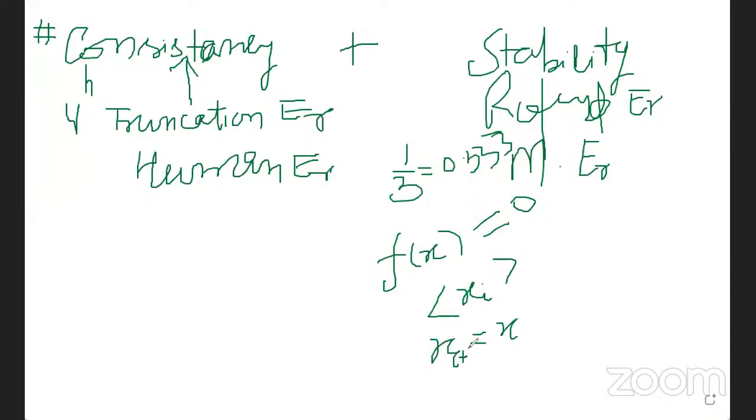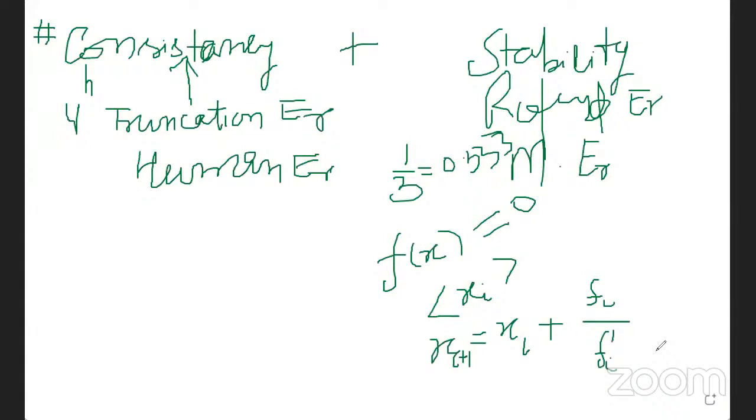x_{i+1} is equal to x_i plus f at x_i, which I'm denoting f_i, divided by f prime at x_i, which I am calling f_i prime, the first derivative of f at x_i.